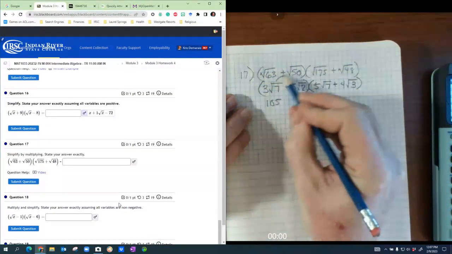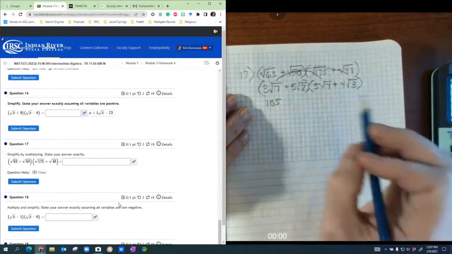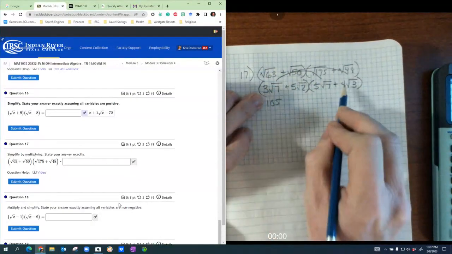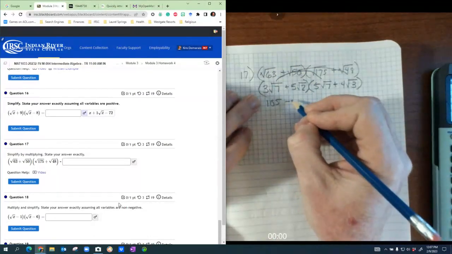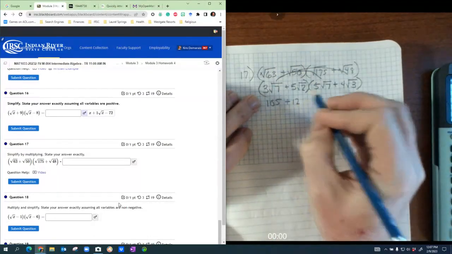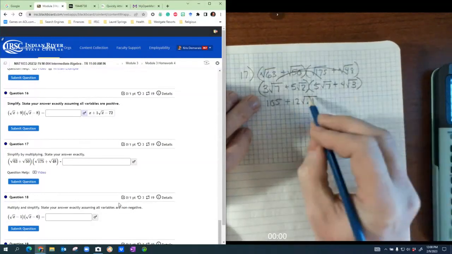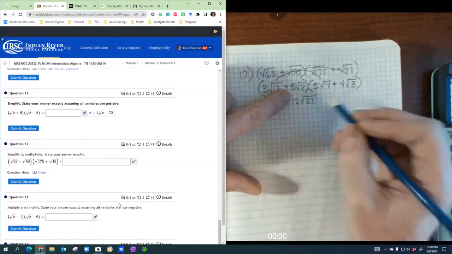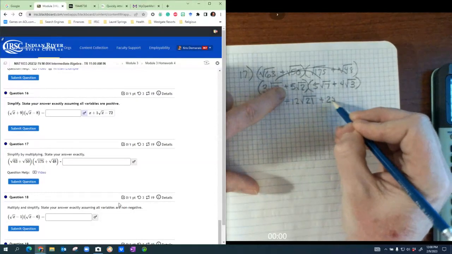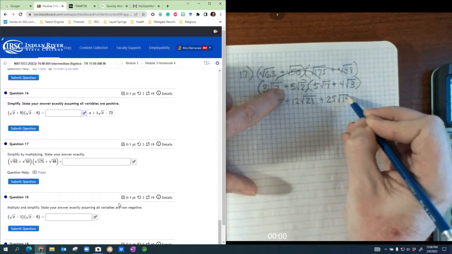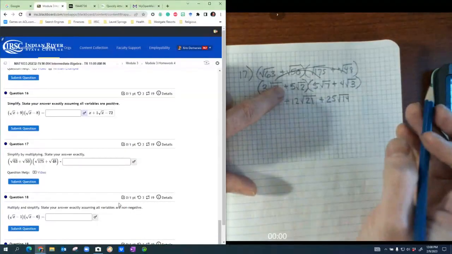So right now what I'm doing is FOILing. So this times this, now this times that. I have 3 times 4, which is 12. 7 times 3 is 21 in the radical. Then I have this times this is going to give me 25 radical 14, because that's all that is.